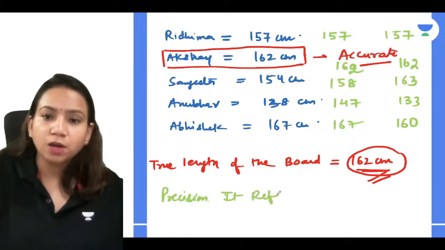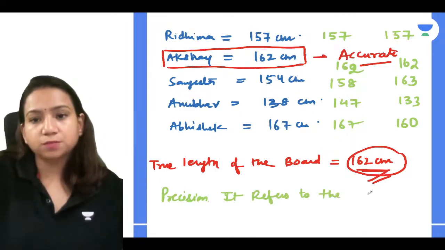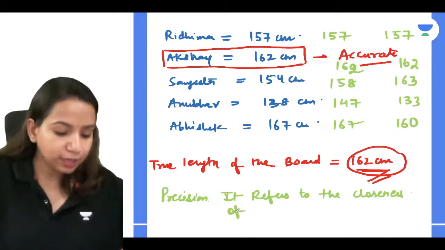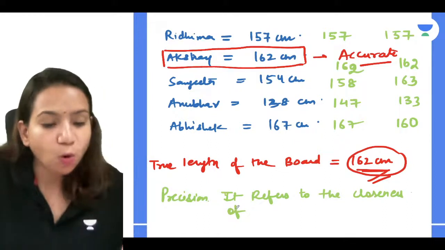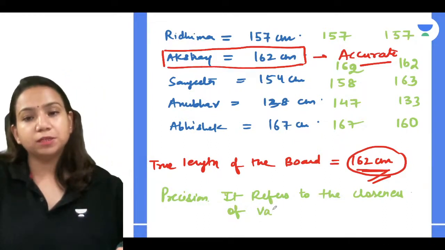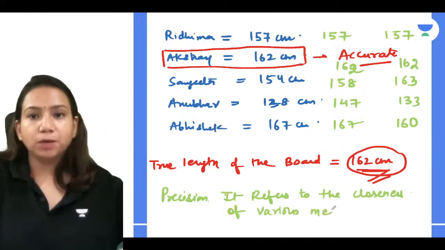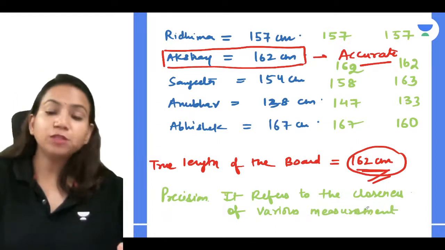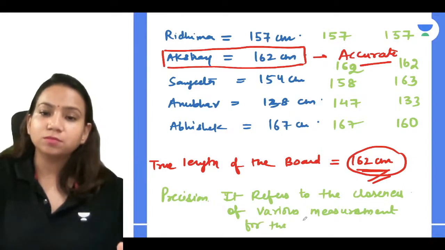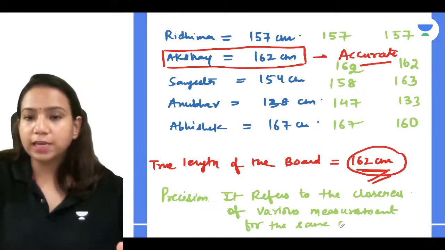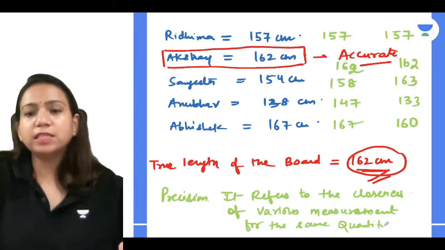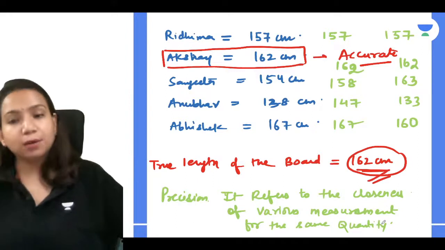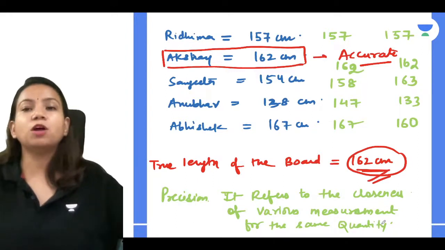It refers to the closeness of various measurements for the same quantity. Like you have measured the same length, and if you're getting the same value or very close values, you will say you are precise.